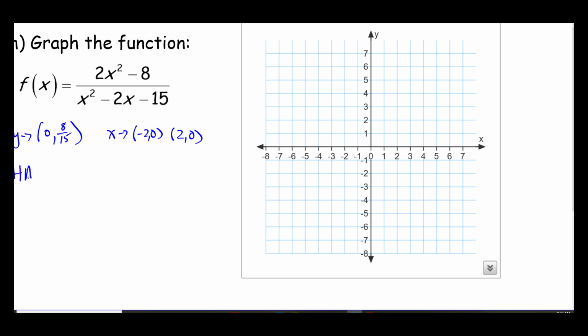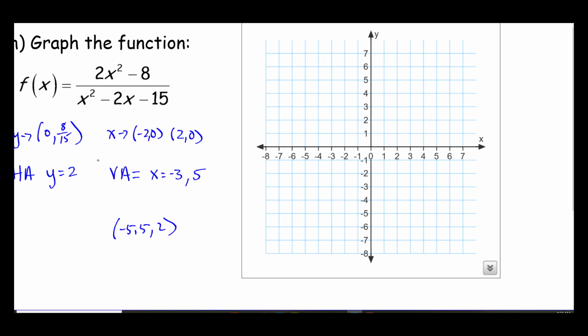My horizontal asymptote was y equals 2. My vertical asymptotes were x equals negative 3 and 5. Okay, and we had the coordinate where it crossed the horizontal asymptote as well. Don't forget that one, at negative 5.5, comma 2.